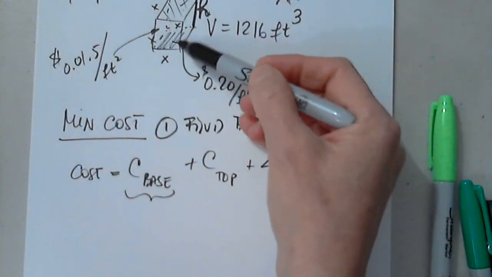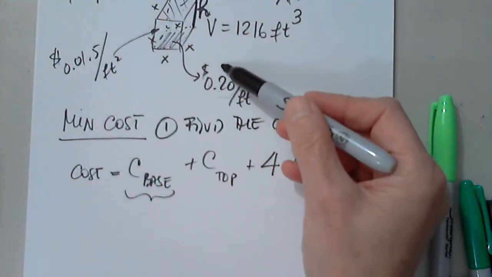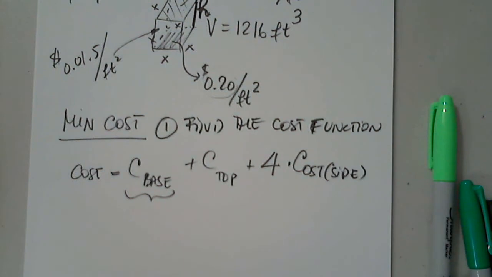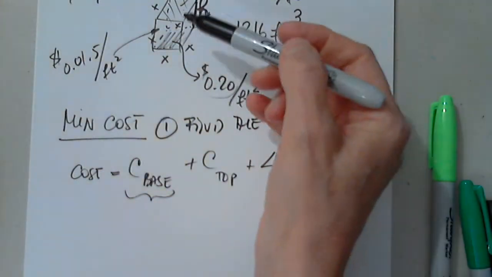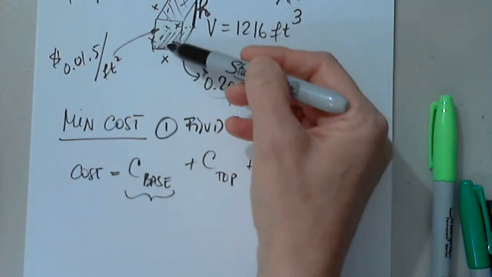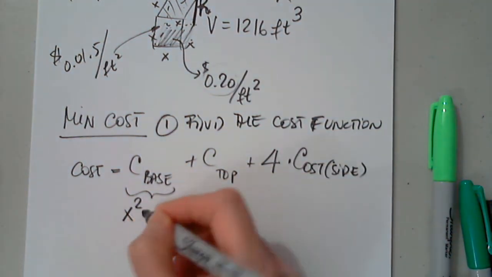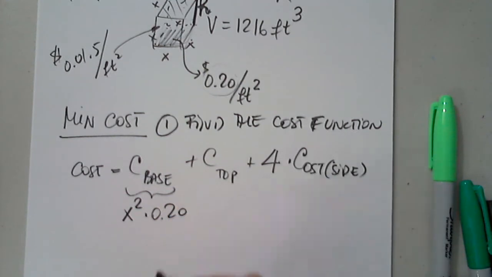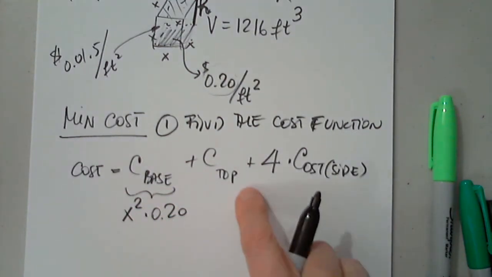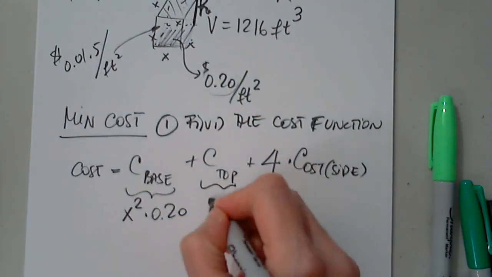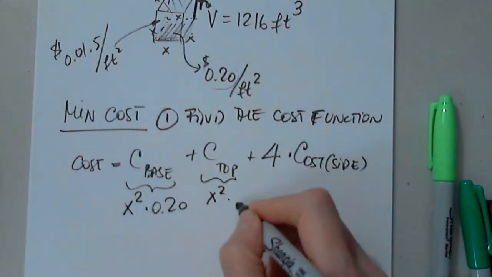So now let's determine the cost for the base. Per square foot is 20 cents. The area is x times x, so this will be x squared times the cost per square foot. The cost for the top, same thing, still x squared, but times 0.10.